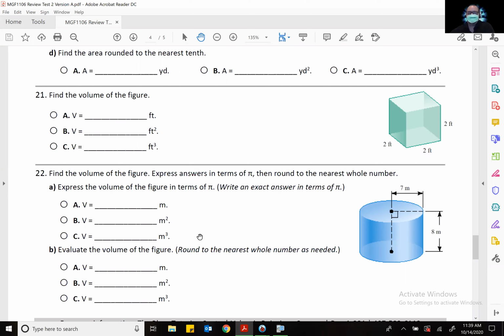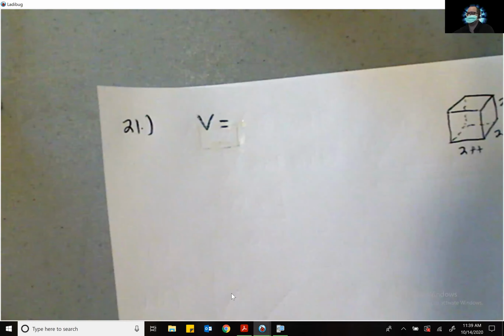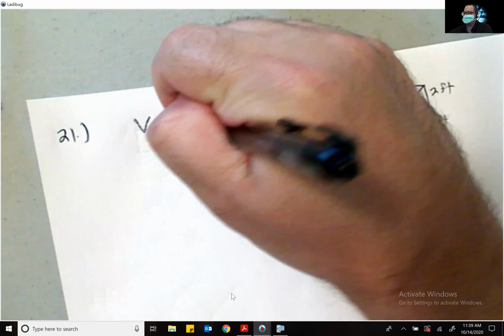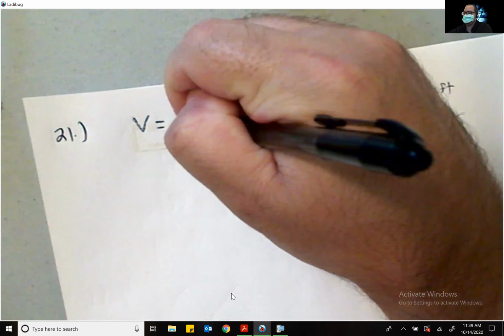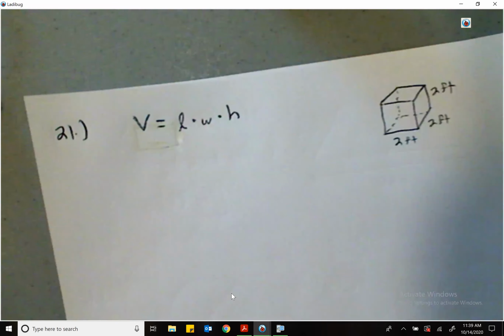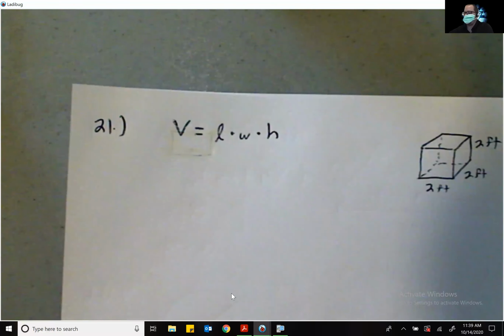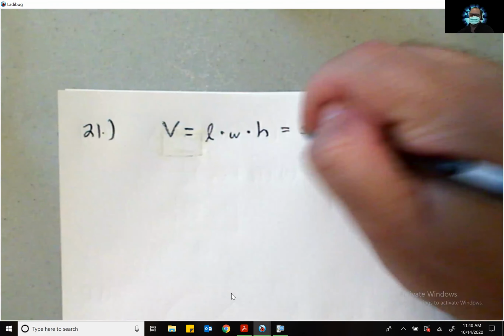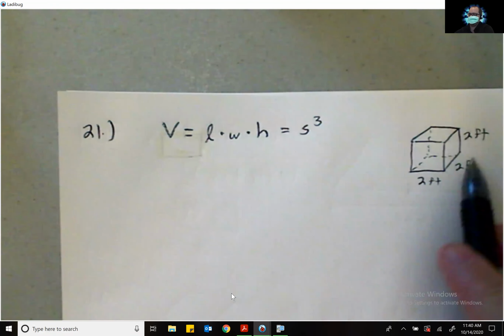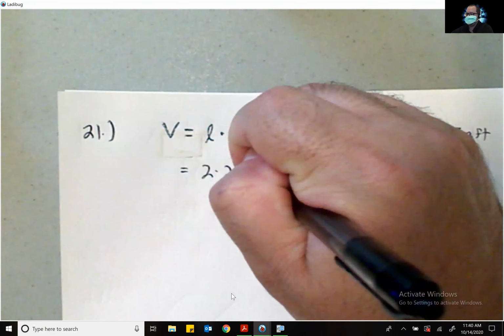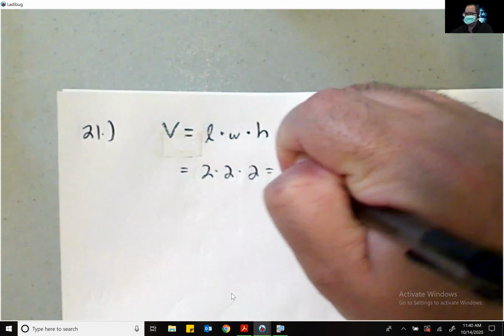Well, an easy volume formula that most of you remember is length times width times height. Length times width times the height. So would that be the 2 times 2 times 2? Mm-hmm. Or another one, because this is a cube, it's just S cubed, because all your sides are the same. So 2 times 2 times 2, or 2 cubed.